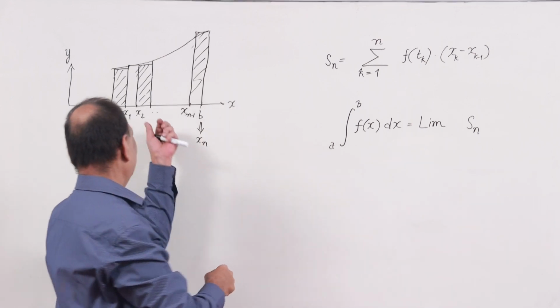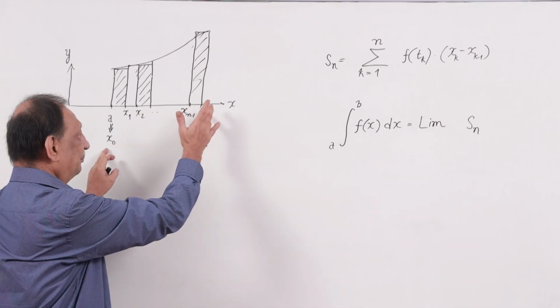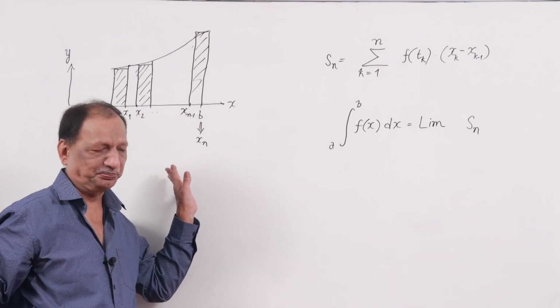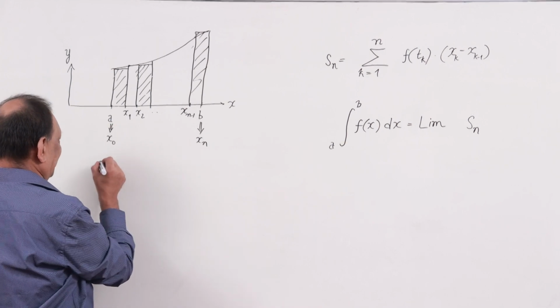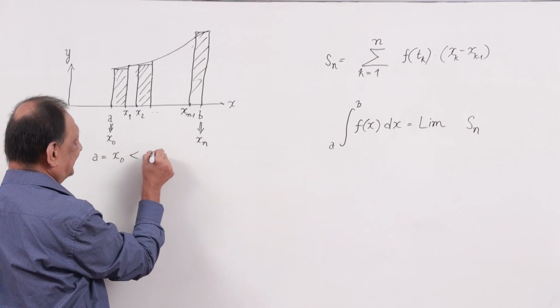x_k minus x_(k-1) is always positive, correct? Because our limit b is higher than limit a. I have written that fundamental relation earlier: a equals x0, which must be less than x1.